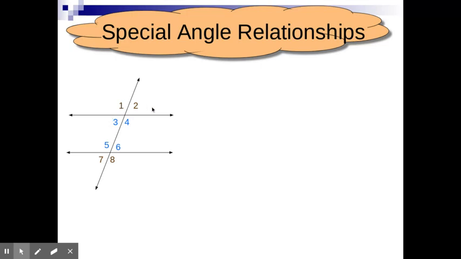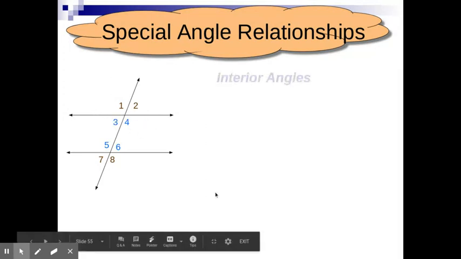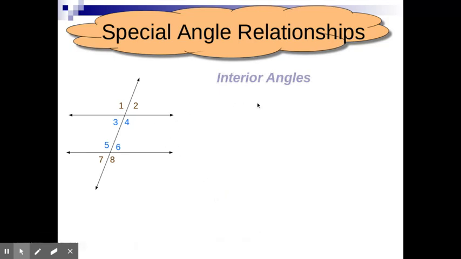So these two angles would add up to 180. So 1 and 2 are supplementary. 5 and 7 are supplementary. 3 and 4 are supplementary. So any angles next to each other that make a straight line are supplementary, so they would add up to 180. All right, so now let's talk about some different angles in the interior.